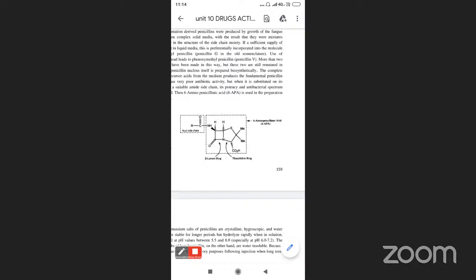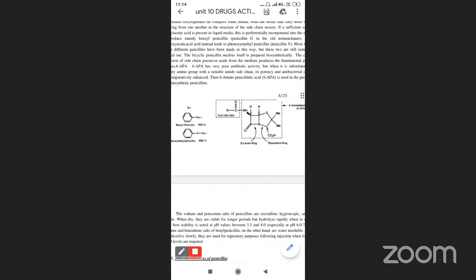This 6 amino penicillanic acid, 6 APA, has the acyl side chain with the R substitution here, right? With variation of the different R groups, you can have different names for the penicillin.